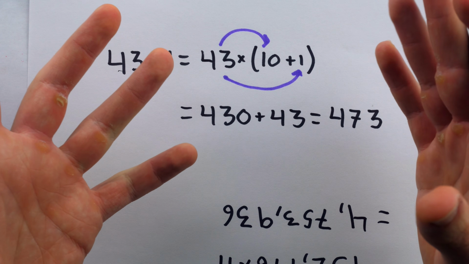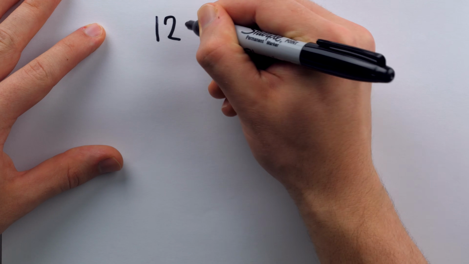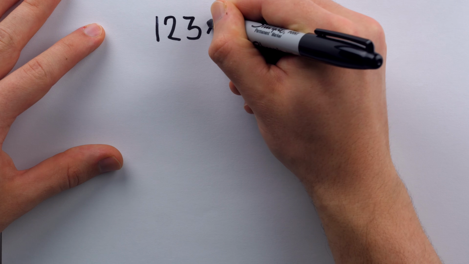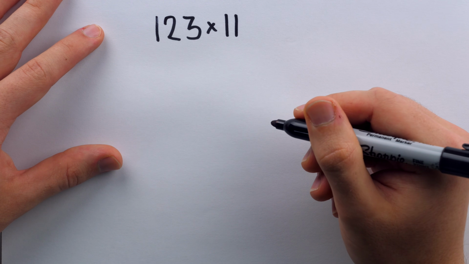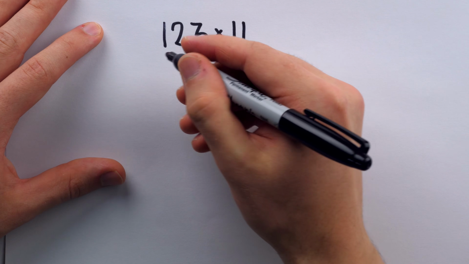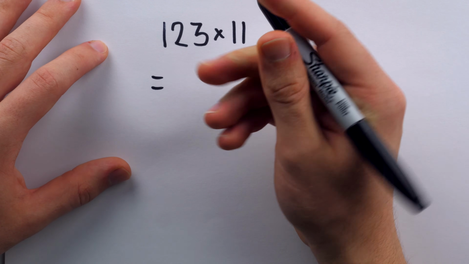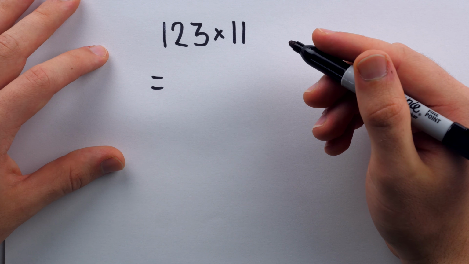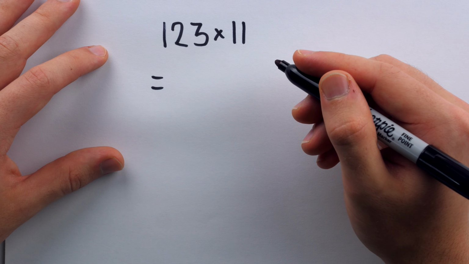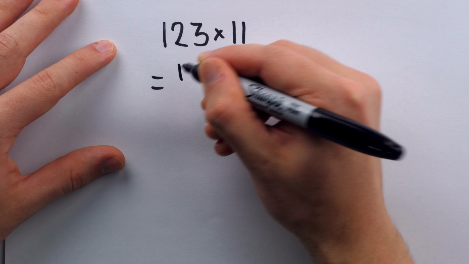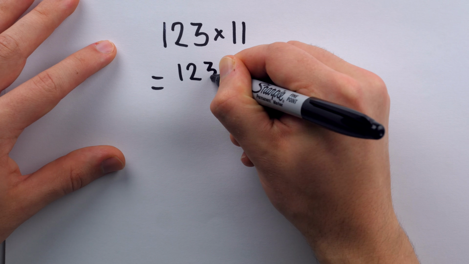So, here's the trick. Let me demonstrate with a simple example like 123 times 11. We can actually see what's going on here pretty simply if we write the components of this product stacked on top of each other. So if we multiply by 10, we get 1,230.